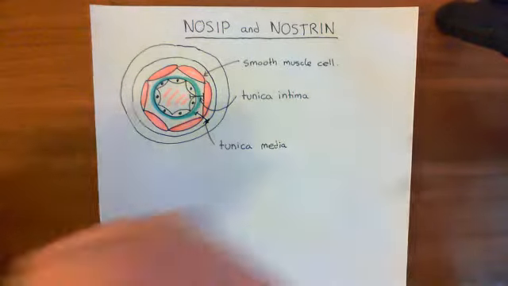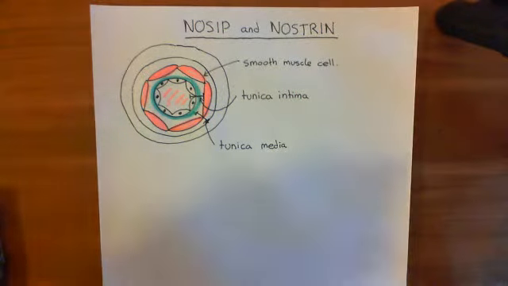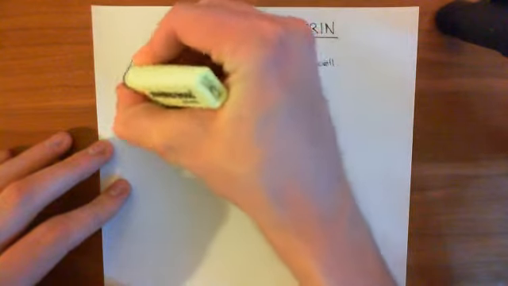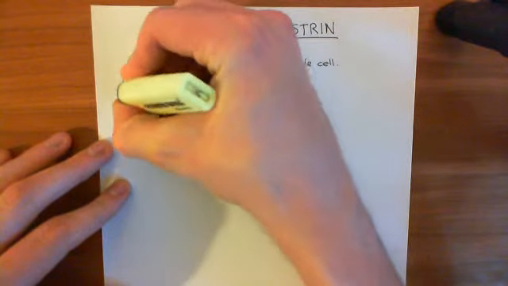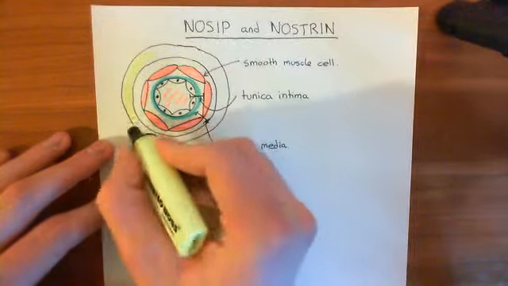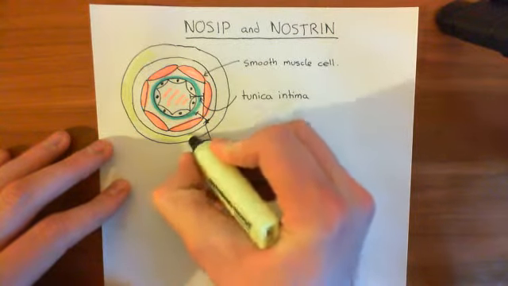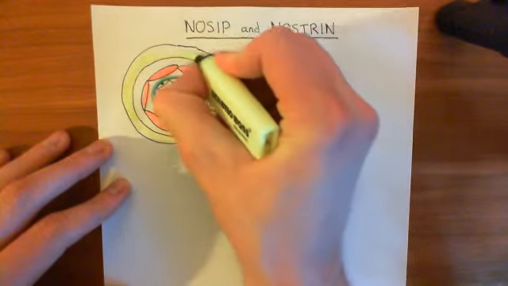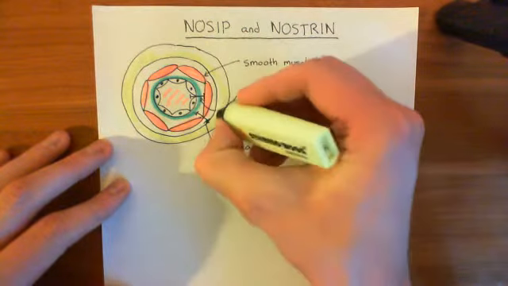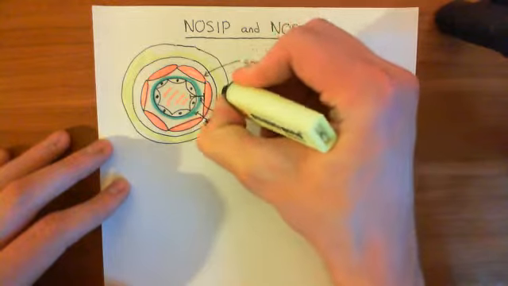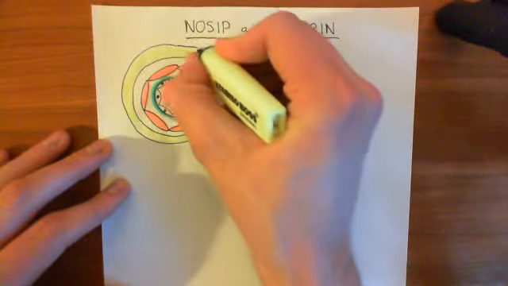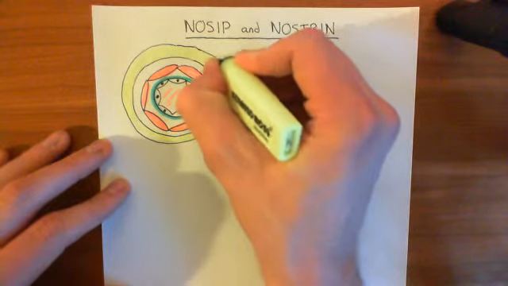Okay, and then finally the outer layer of the blood vessel is a layer of connective tissue. So I'll highlight this in yellow. Okay, so in yellow here we have this outer layer of connective tissue, and it forms another layer around the blood vessel that holds everything together, but its role is also to connect the blood vessel to other structures in the body and hold it in its native position in the body, basically.